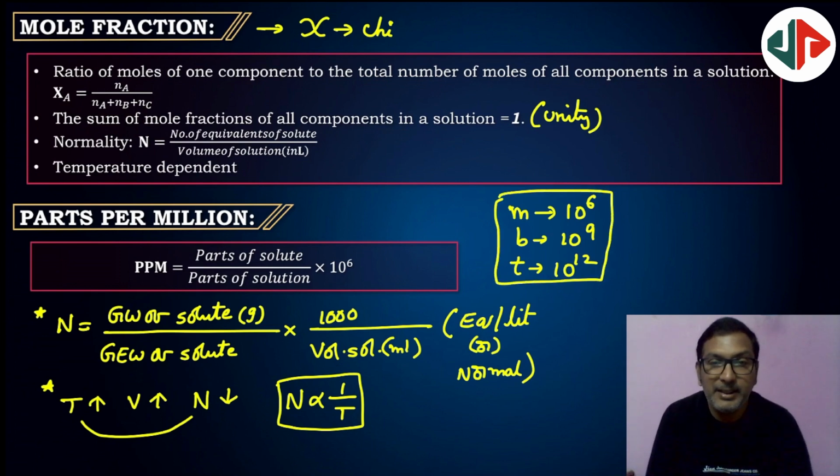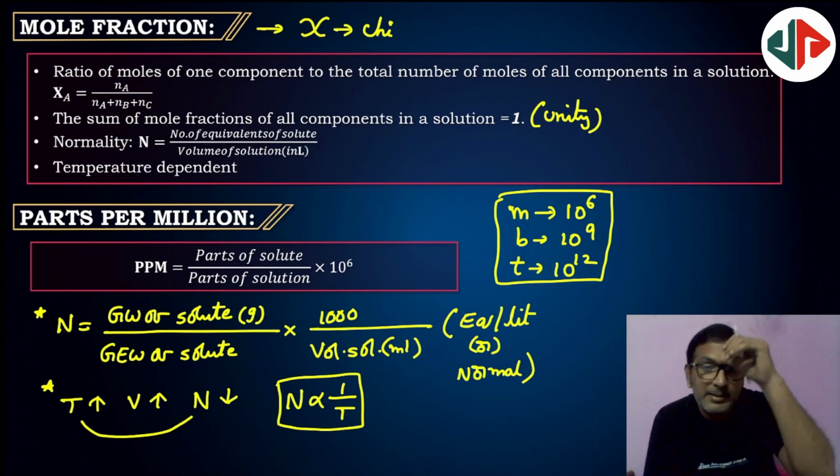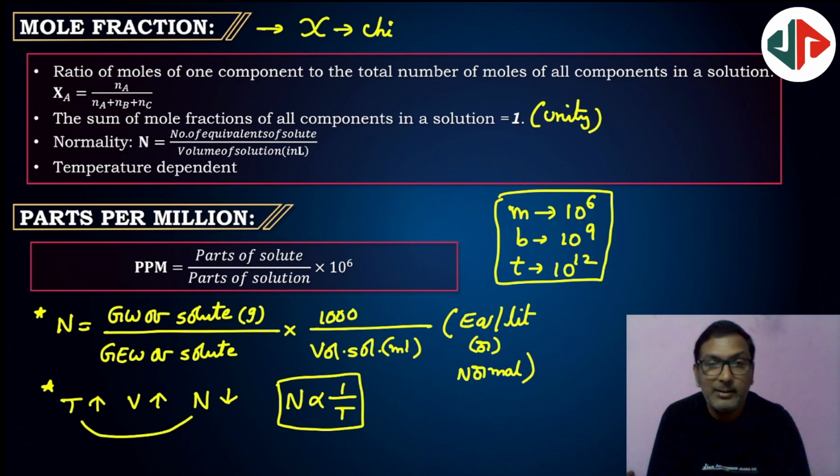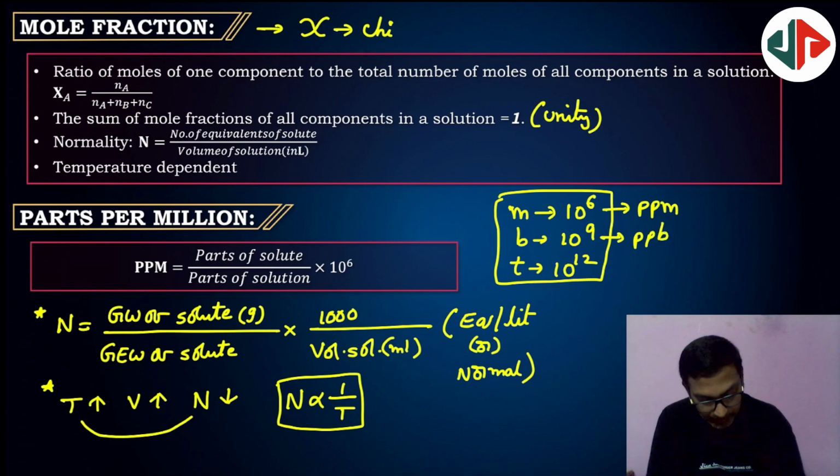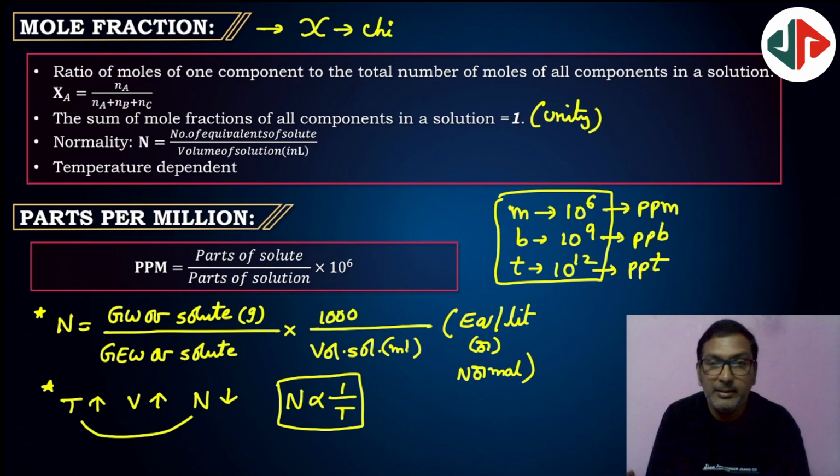If it is into 10 power 9, we can calculate ppb. If it is into 10 power 12, we can calculate ppt. ppm, ppb, ppt. In case of m, ppm, parts per million. In case of b, ppb. In case of t, ppt. Million, billion, trillion.